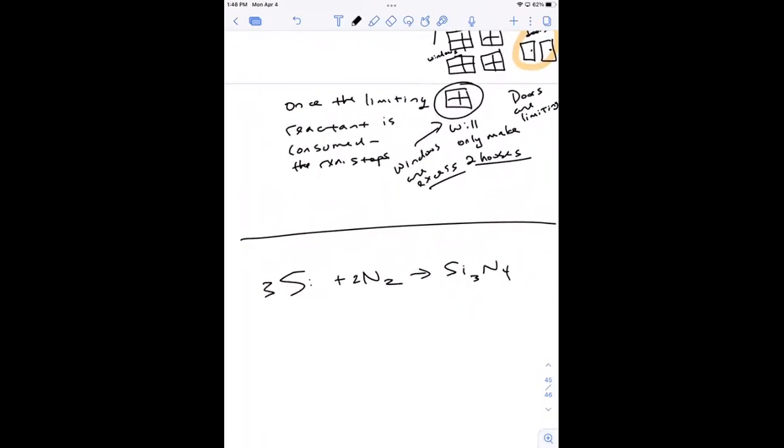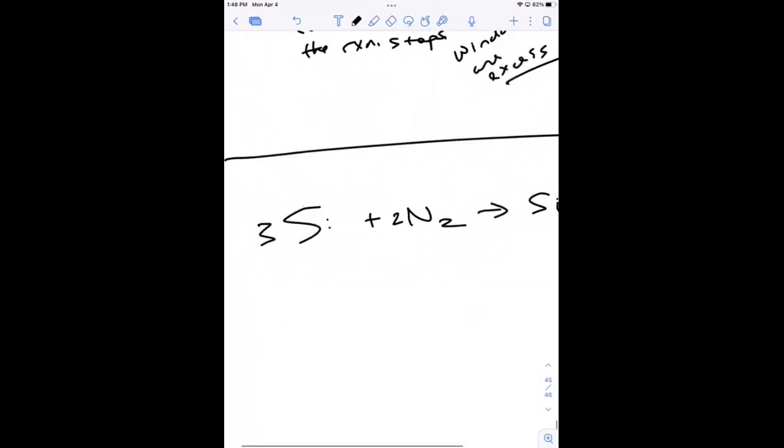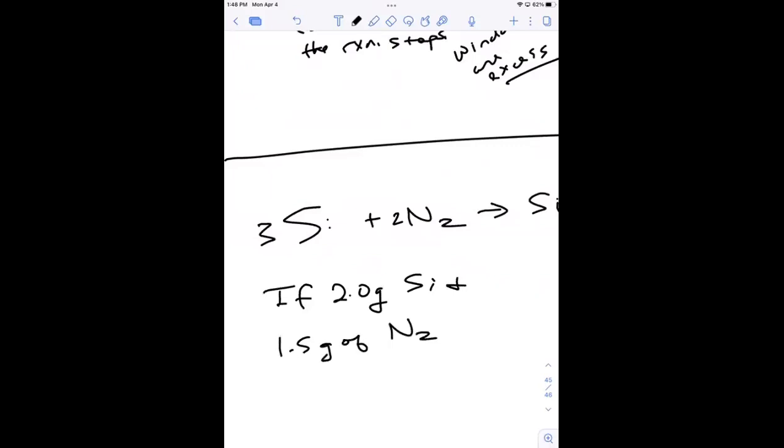So now we've got our stoichiometric relationships. So the question is, which one of these is limiting? If I start with 2 grams of silicon and 1.5 grams of nitrogen, the question is which is limiting.